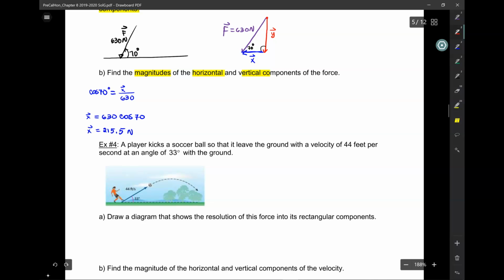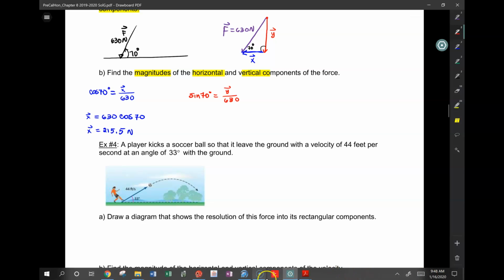Now, for the y component, sine of 70 is equal to y over 630. So how much is that? So y is 630 sine of 70. What is it?